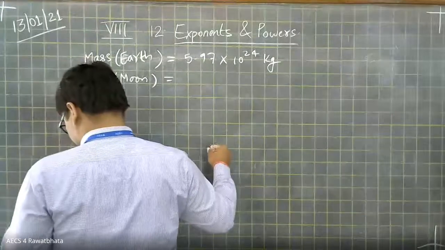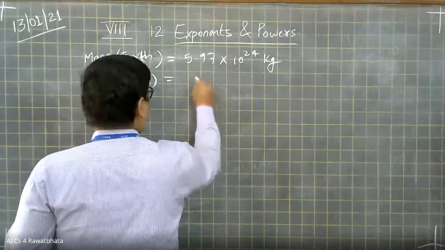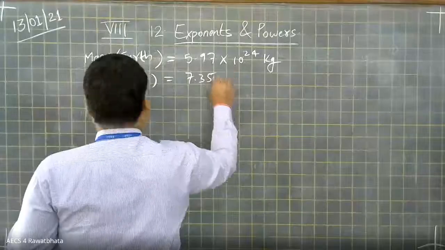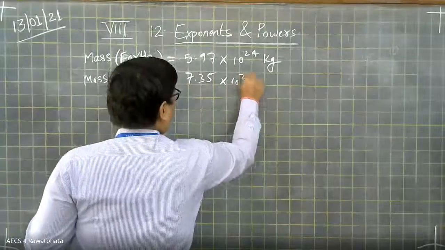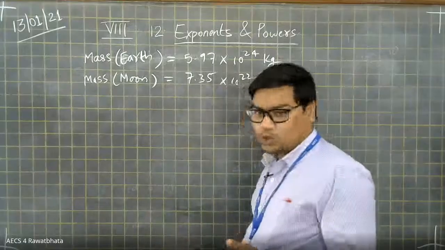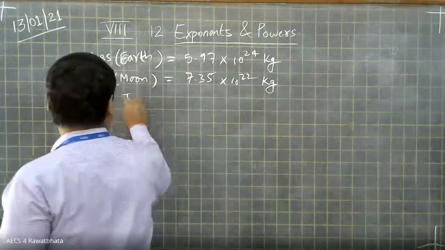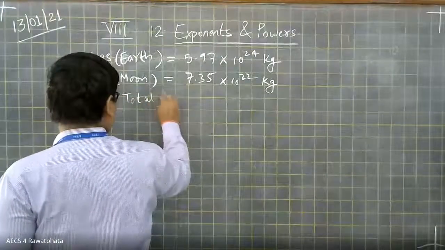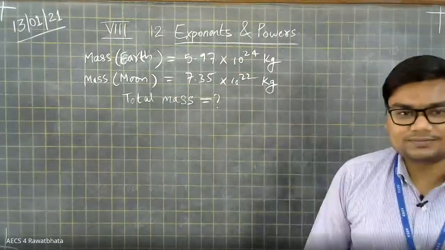And mass of Moon is 7.35 into 10 power 22 kg. What is the total mass? Find out the total mass.